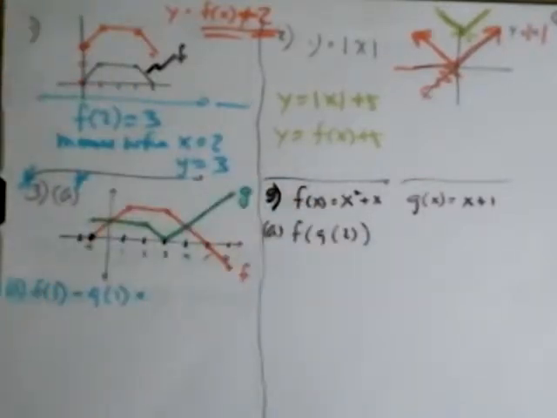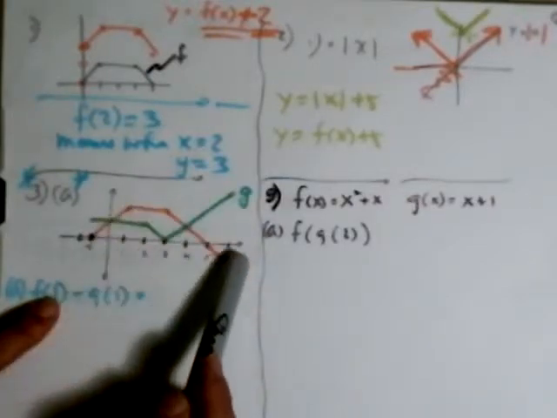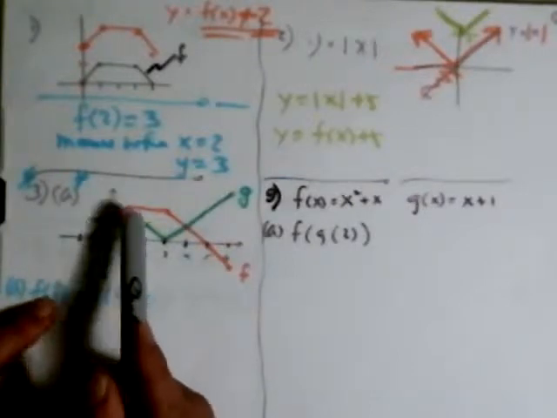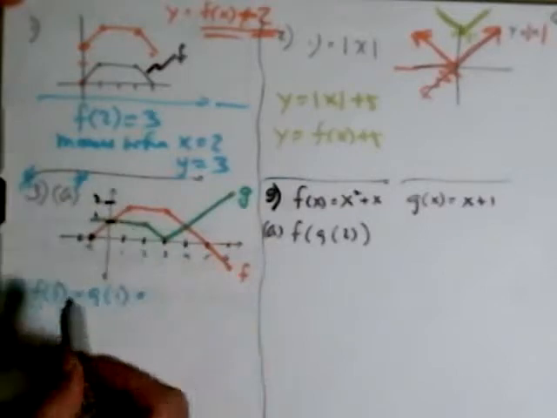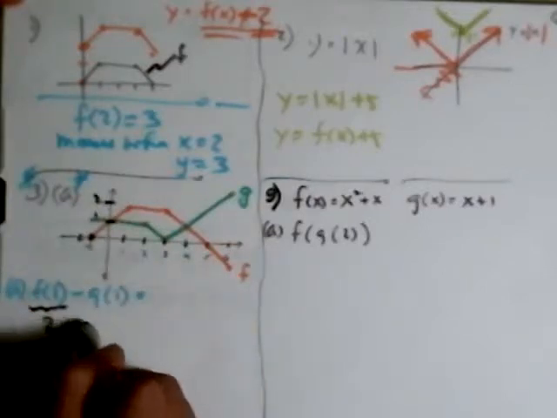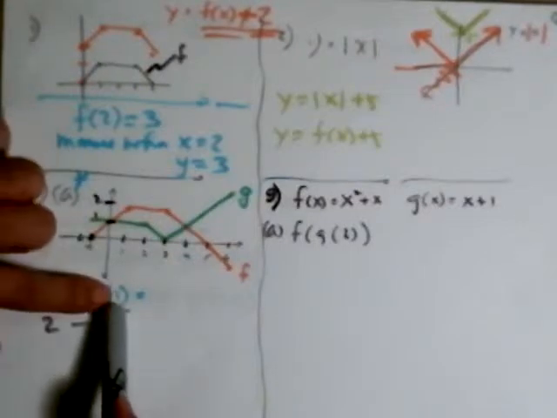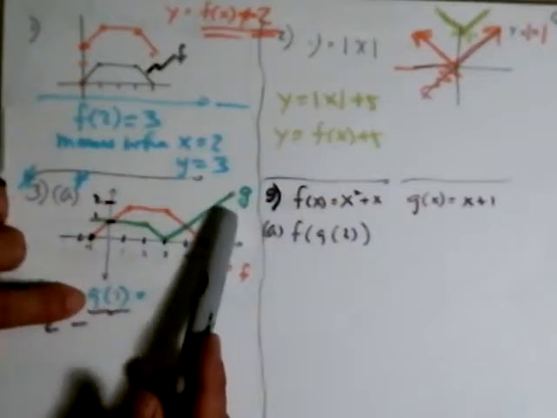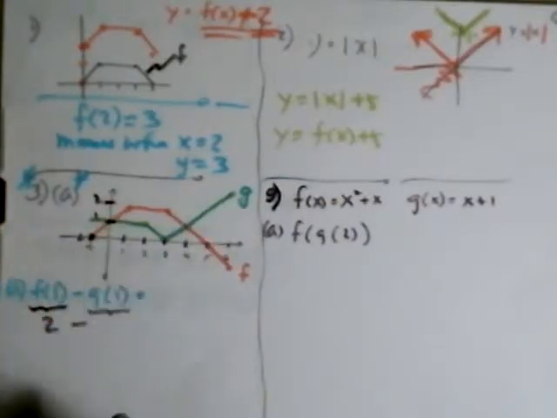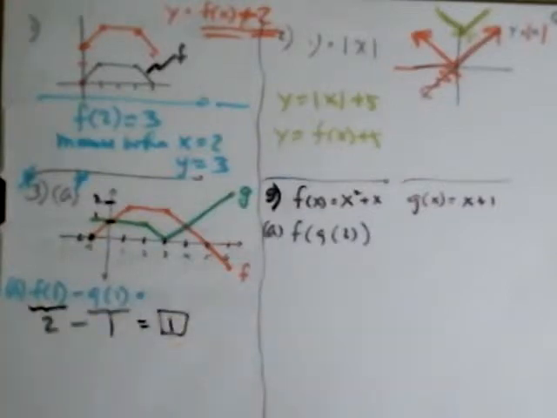So when x is 1, in your f function right here, that's the pink, at x equals 1, my y value is 2. So that's going to turn out to be 2 minus, what's g of 1? At the x value of 1, my y value, the g right there, is going to be 1. 2 minus 1 is obviously 1. That was easy.